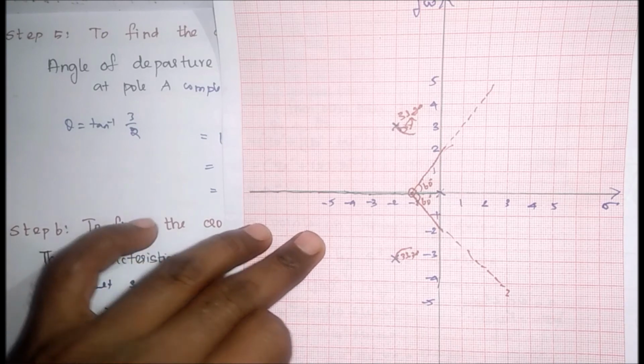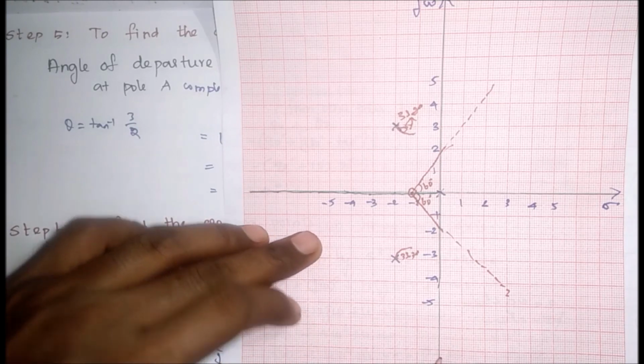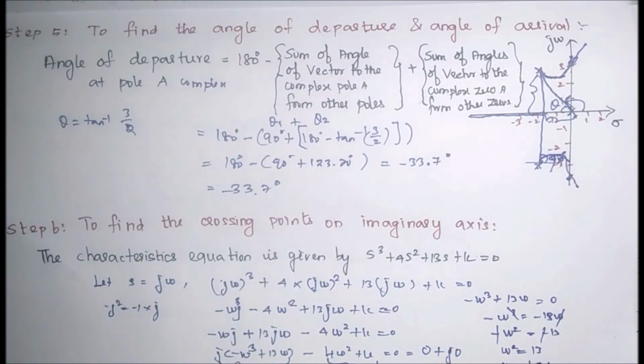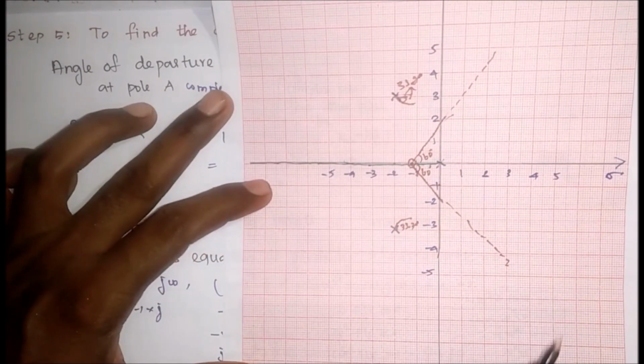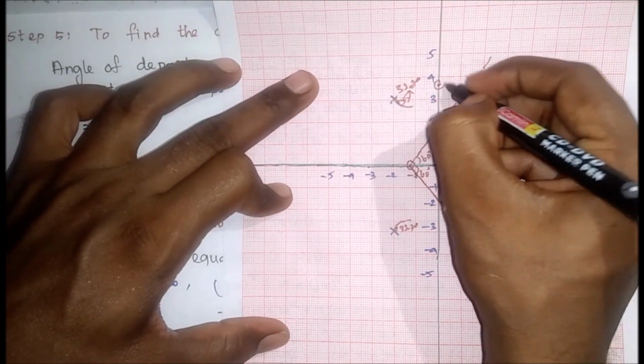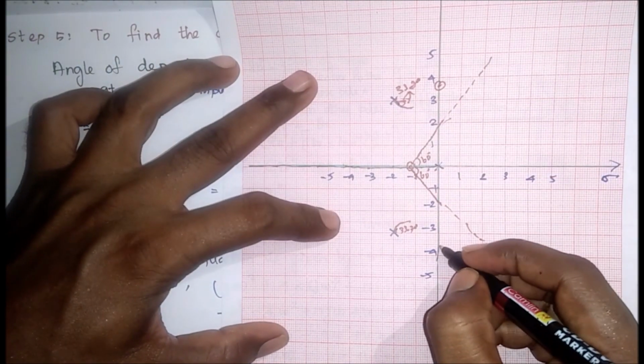Now the crossing point we calculated: omega equal to plus or minus 3.6. This is the crossing point. So here this is 3.6.